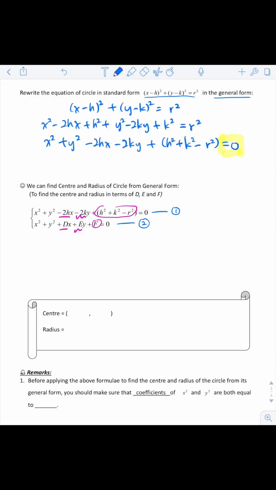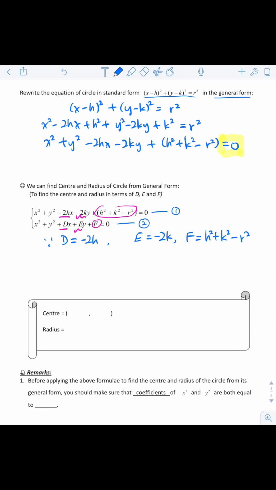We get the following relations. Here, d equals negative 2h. And we have e equals negative 2k. And finally, f equals h squared plus k squared minus r squared.